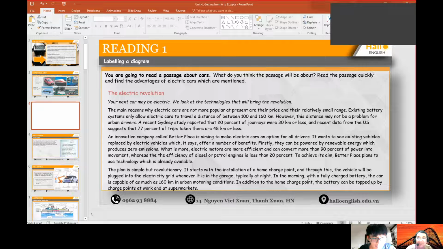Read the passage quickly. Do not read it aloud, okay? Just read it with your eyes, and then after that, let's answer the question. Can you tell me the advantages of electric cars after 5 minutes? Okay, your timer starts now.